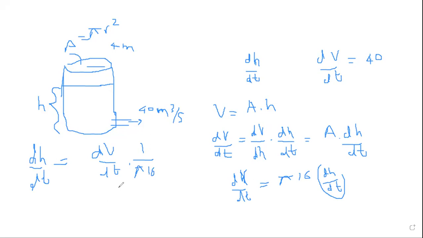We know dV over dt, that is 40. We can substitute it here, so the result is 40 divided by 16 pi. If you simplify this, you get around 5 over 2 pi. This is the basic approach, so I just wanted to remind you how we approach a tank.